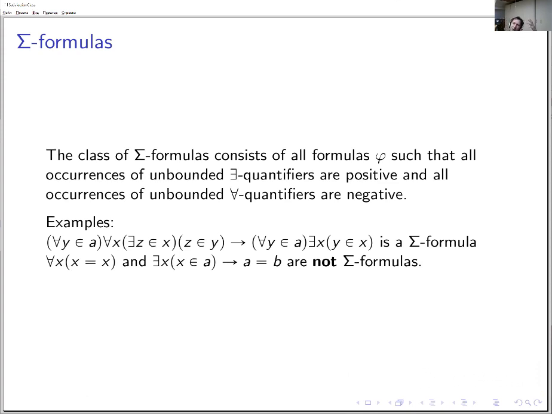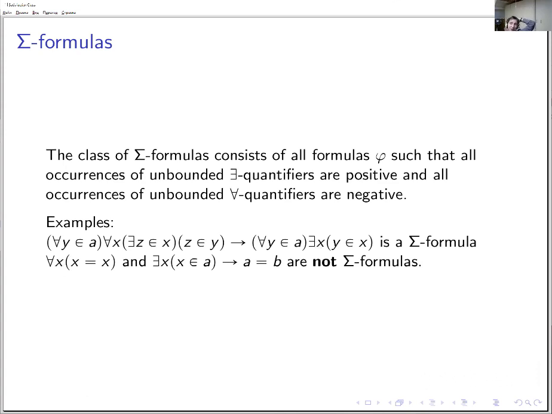The only thing we have done is that we allow a mixture of unbounded existential quantifiers and bounded quantifiers. In class sigma 1, we had a leading existential quantifier, and only then could we have bounded quantifiers. But now we can have the situation where we first have, say, leading bounded universal quantifiers, and only after that an existential quantifier, and so on.